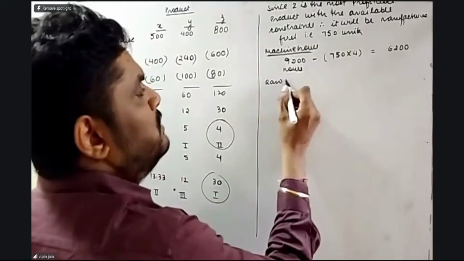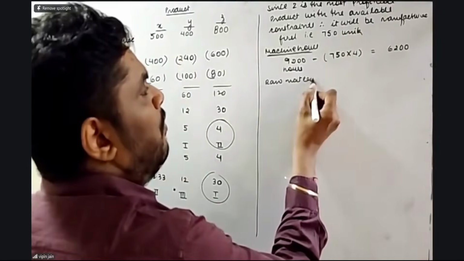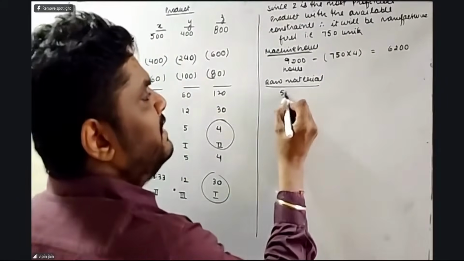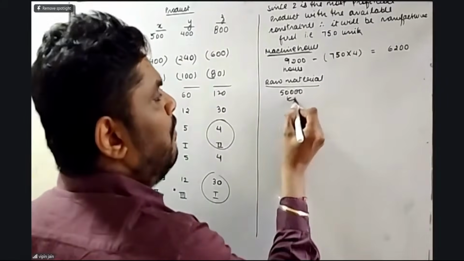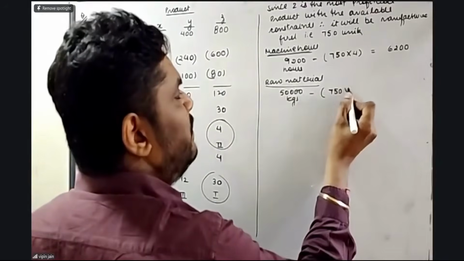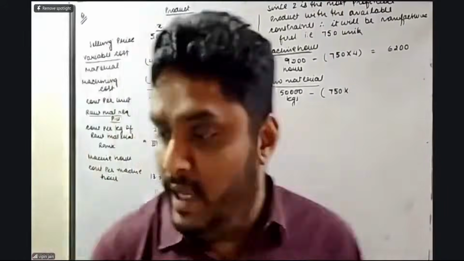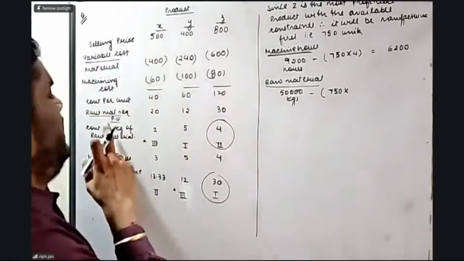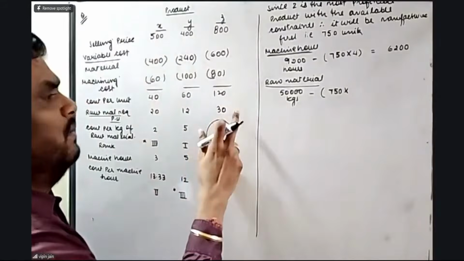Similarly, raw material also, we have 50,000 kgs in hand. Since we are manufacturing the full 750 units of product Z, and one unit requires how many kgs of raw material? 30 kgs.